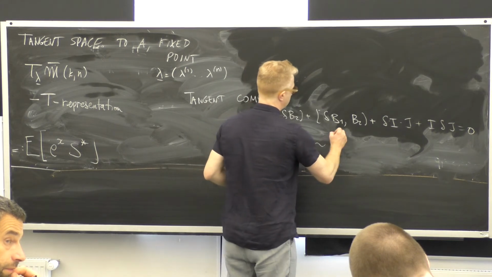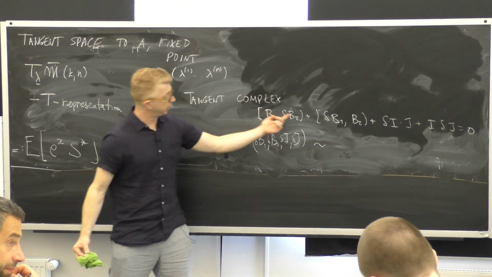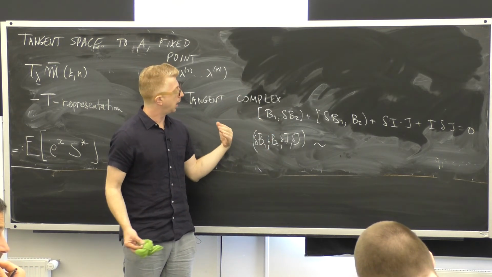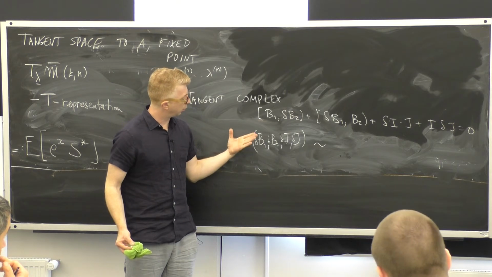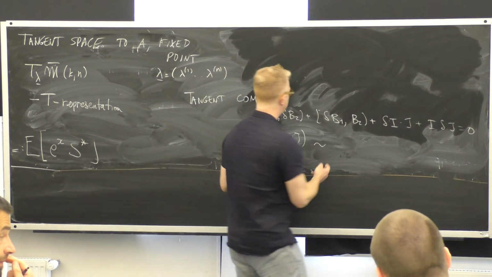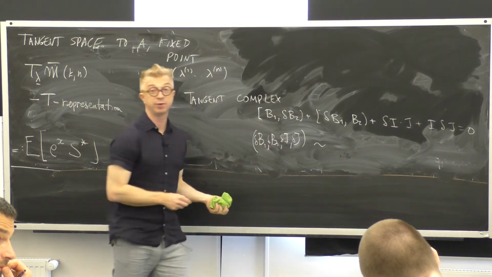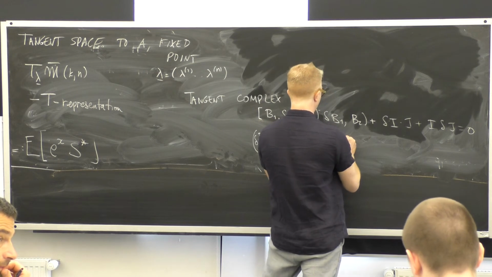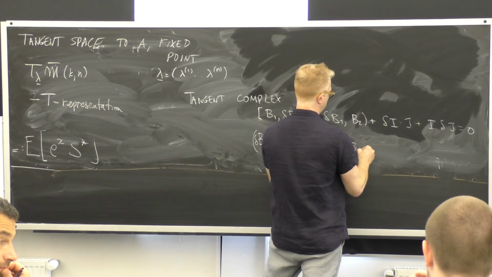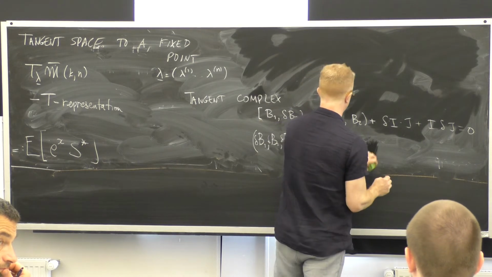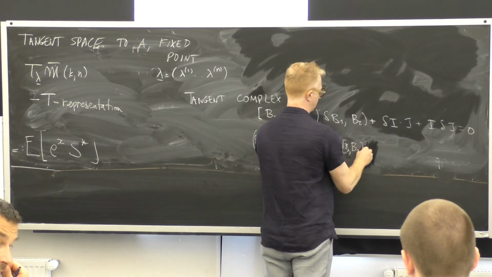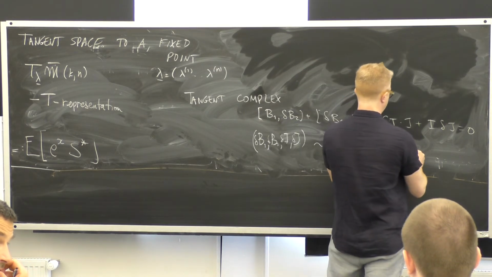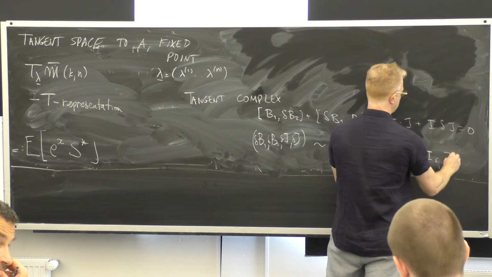Since we are looking at the solutions of these equations modulo the action of the group GL(k), infinitesimally it means that we view some of these variations as trivial. So we identify the variations of the form the commutator of B1 with some psi, the commutator of psi with B2, minus psi I, J psi.